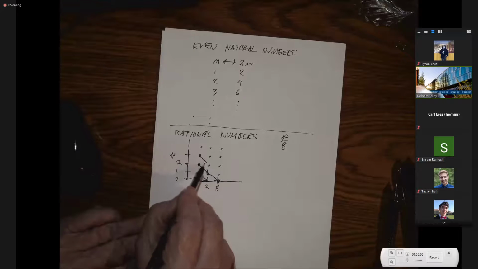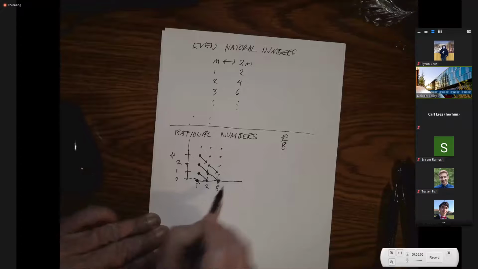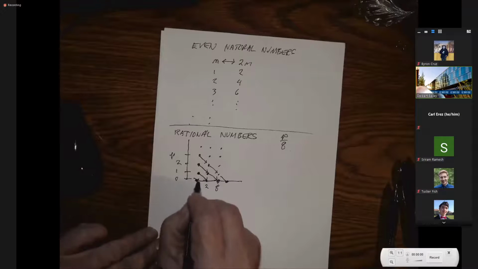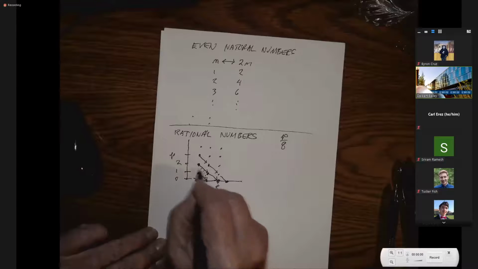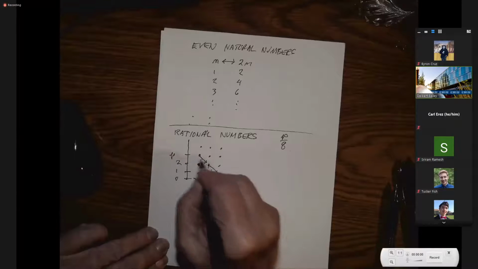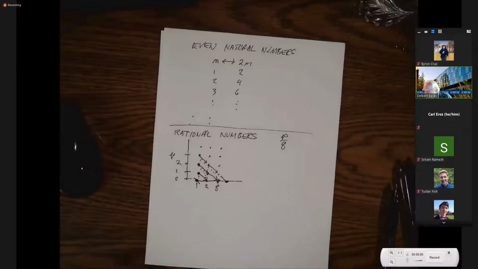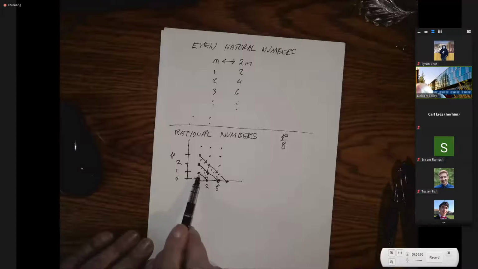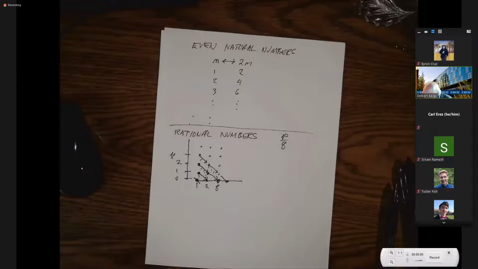And then this one and this one and this one. I think you can continue this list now, right? So this is the first rational number, the second one, the third one, the fourth one, the fifth one, 6th, 7th, 8th, 9th, etc. So we do indeed have a one-to-one correspondence here. So conclusion, rational numbers are countable.